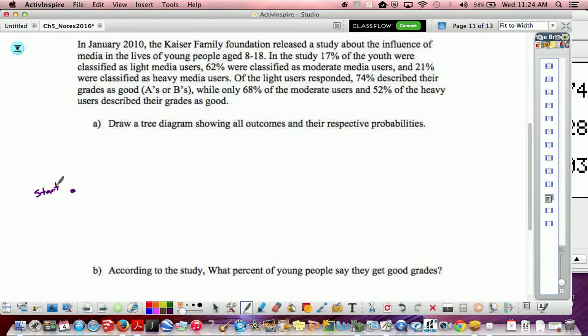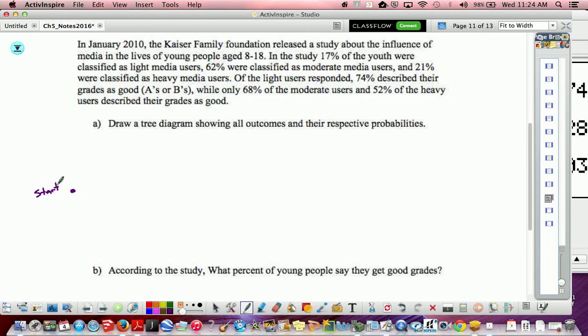From that starting point, we draw branches to represent all of the possibilities of the first event. What was the first thing they described in the situation? How often you used media, right?